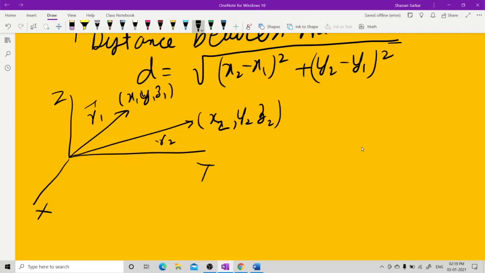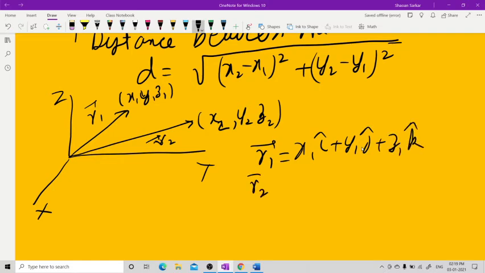These are vectors. Now R1 is x1 I cap plus y1 j cap plus z1 k cap. R2 is x2 I cap plus y2 j cap plus z2 k cap.